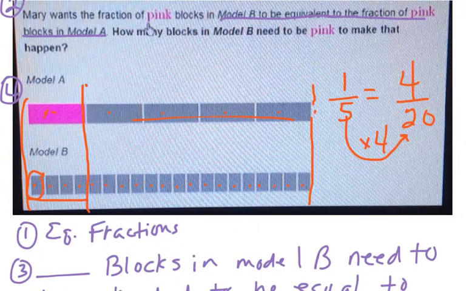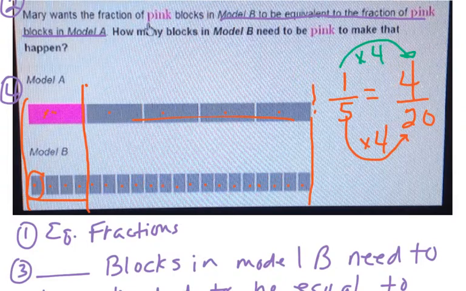You remember that whatever we do to the denominator, we have to do to the numerator to make those fractions both represent the same amount. So I'm going to do the same thing to my numerator by multiplying it times 4. So 4 times 1 is 4, and 5 times 4 is 20.